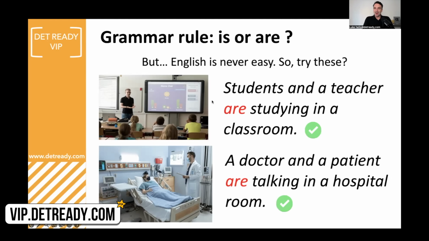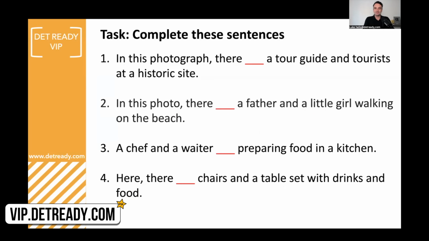In this case, it's are. So if the subjects of the sentence are at the start of the sentence, students and a teacher, then we do use the plural are. Students and a teacher are studying in a classroom. A doctor and a patient are talking in a hospital room.